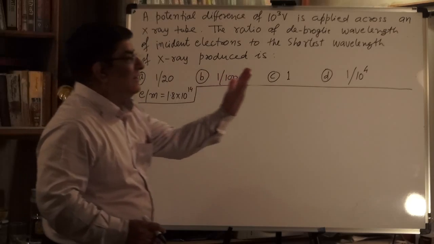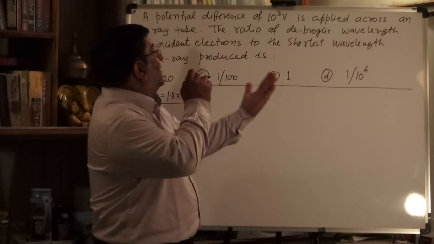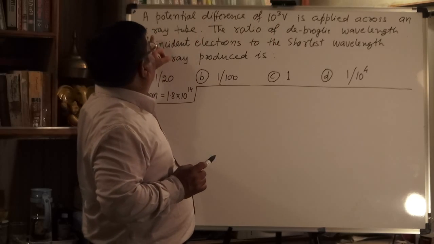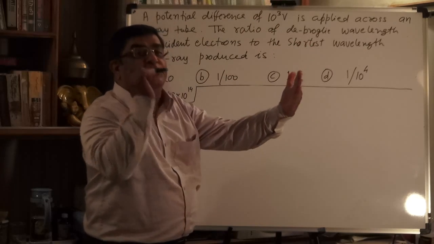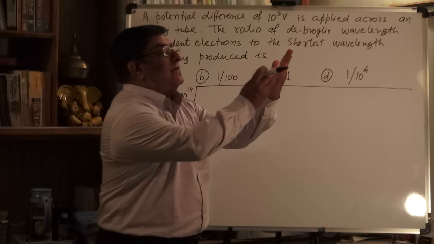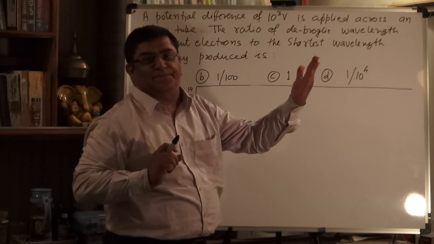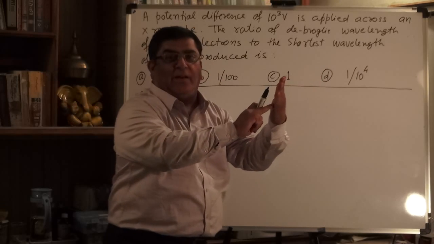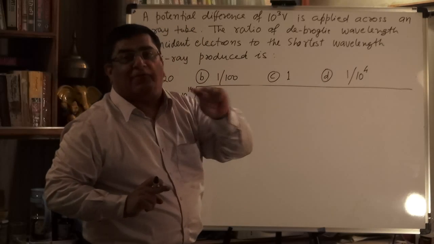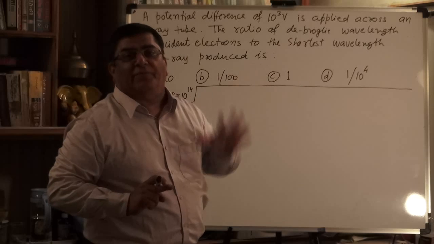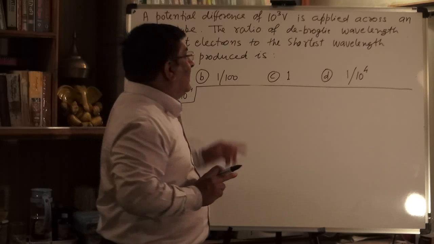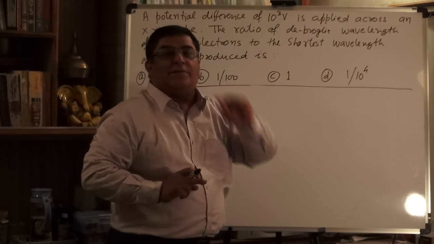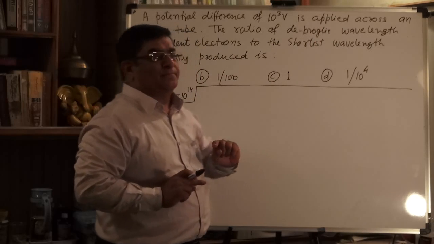We know that on a metal, when we apply potential difference, the electron strikes it and X-ray is produced. The electron moving towards the metal has a wave known as de Broglie wave, that is material wave. That material wave has a de Broglie wavelength for electrons.